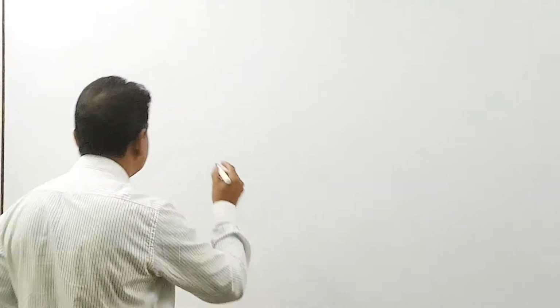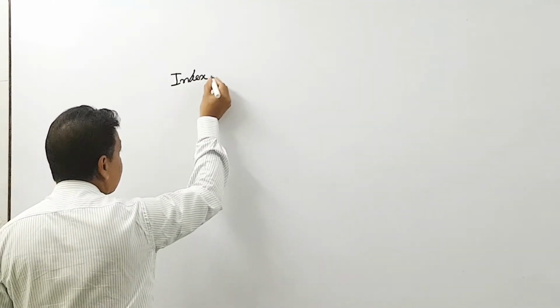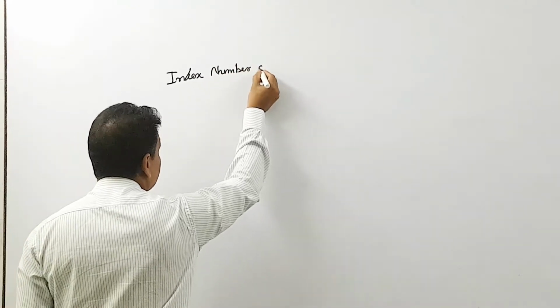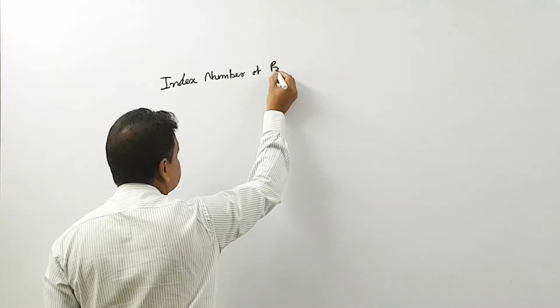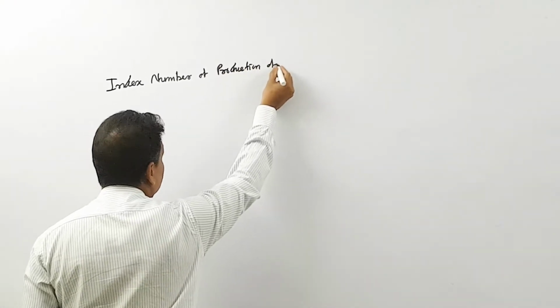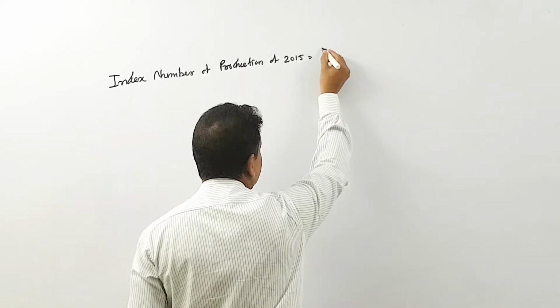And we have to find the production index number of the year 2015. So therefore, the index number of production of 2015. So first of all, the index number of the base year.